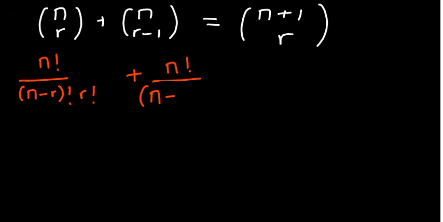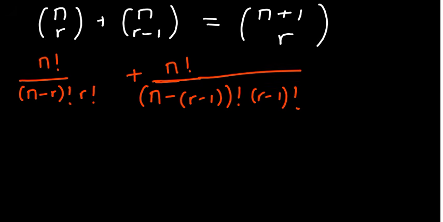On the bottom we have r minus 1, right? So n minus r minus 1 factorial, and then r minus 1 factorial as well, just like we've done on the first part: n factorial on top, on the bottom the difference, and then also r factorial itself. Okay, thank you for that observation.